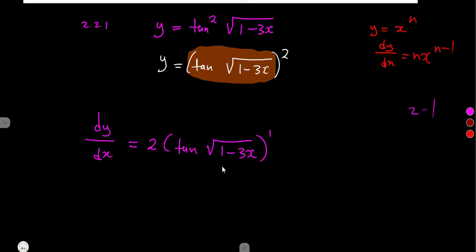So it's now to the exponent of 1. Okay? This is what we're going to have. You are focusing on the power, but whatever you have, you're supposed to multiply by the derivative with respect to x of that function that you're ignoring.